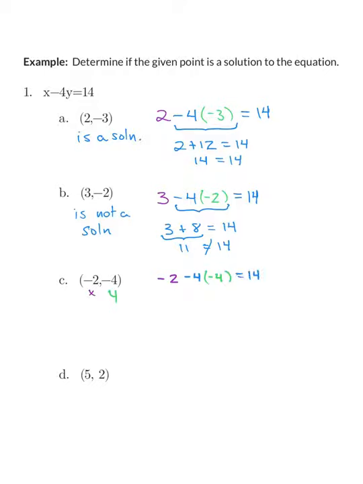Same thing, I want to start by multiplying -4 and -4. We get positive 16. My right side is still 14. And now -2 plus 16 does equal 14. And we do get a true statement. And so (-2, -4) is a solution.